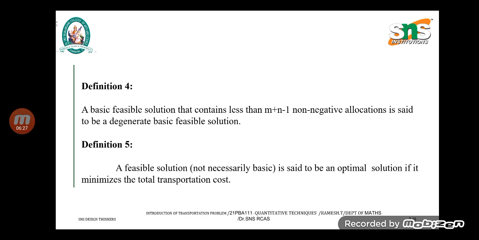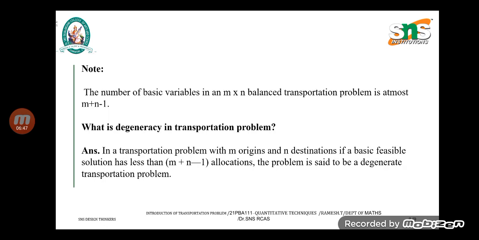In our transportation problem, the solution must definitely be a non-degenerate solution. The next one. A feasible solution that is not necessarily basic is said to be an optimal solution if it minimizes the total transportation cost.